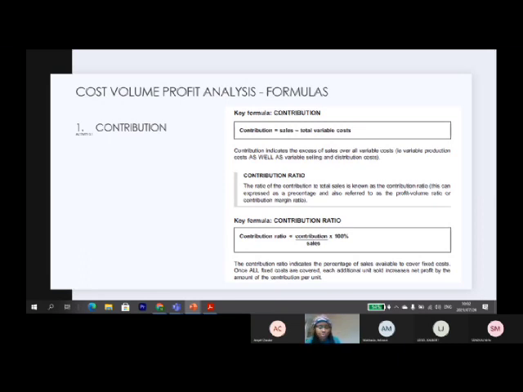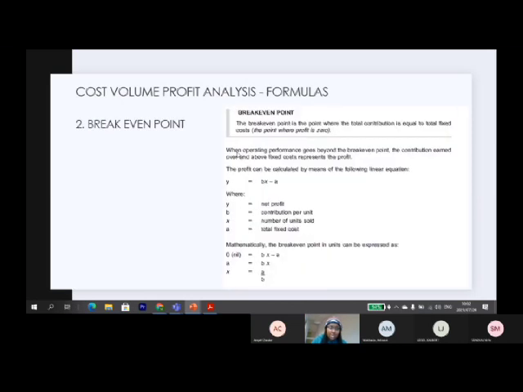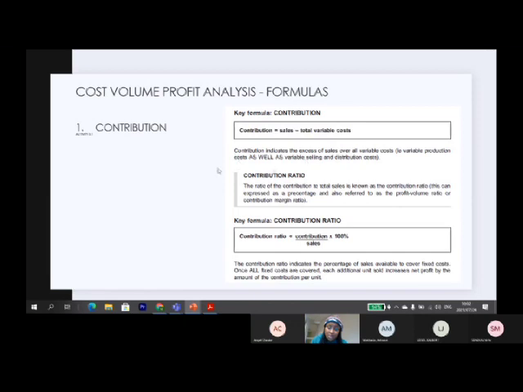It indicates the sales over all variable cost, as well as variable selling and distribution costs. This is very key and I can't emphasize it enough. When they say total variable cost, they didn't say direct, it's total. Anything that is variable cost as defined is what you take into account in your contribution.